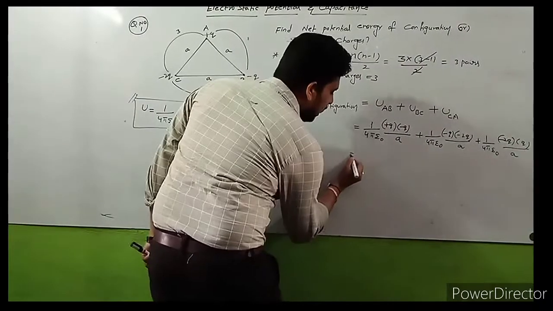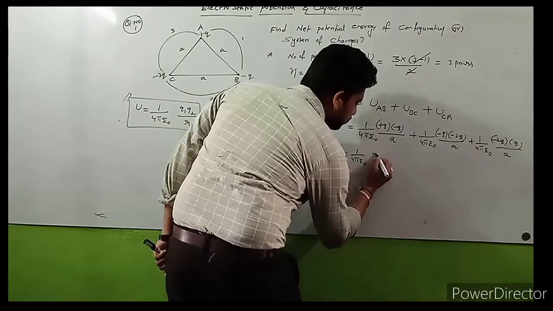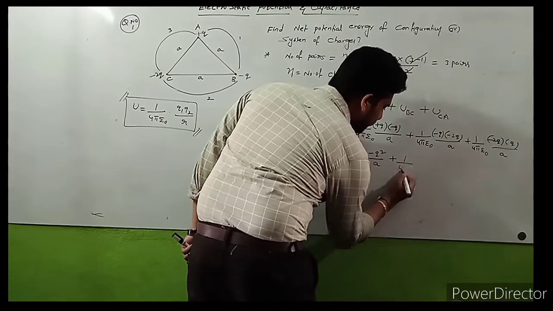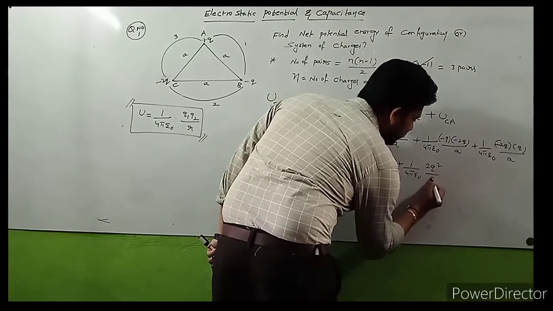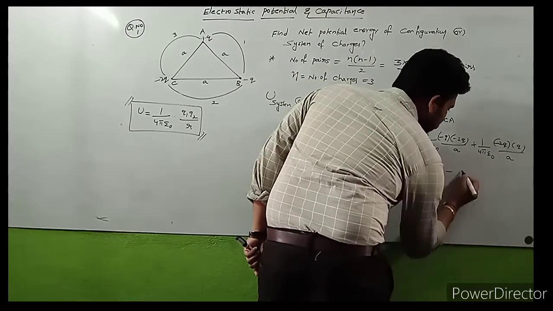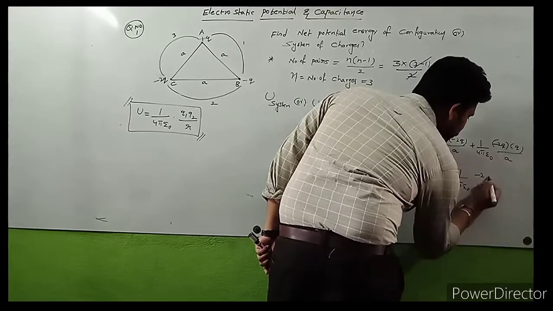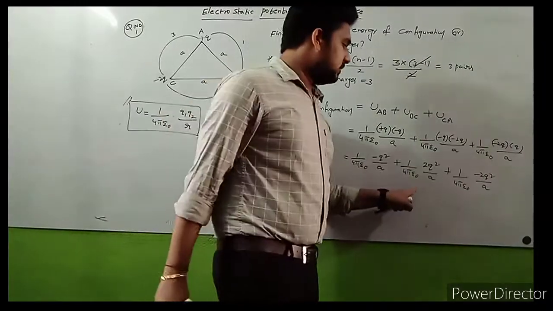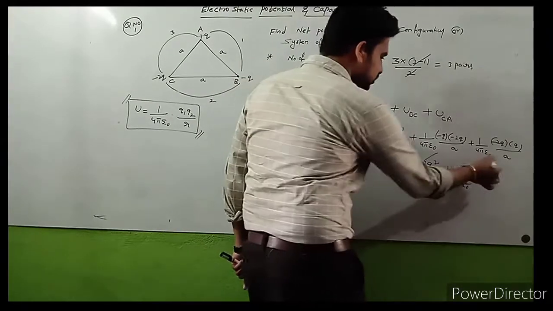Now observe carefully. 1 by 4 pi epsilon naught Q into minus Q, that is minus Q square by A. Here, 1 by 4 pi epsilon naught, minus into minus gives plus 2Q square by A. And here, plus into minus gives minus 1 by 4 pi epsilon naught 2Q square by A. This 2 is going to be cancelled.